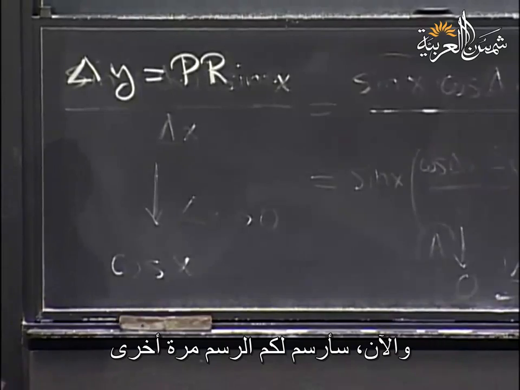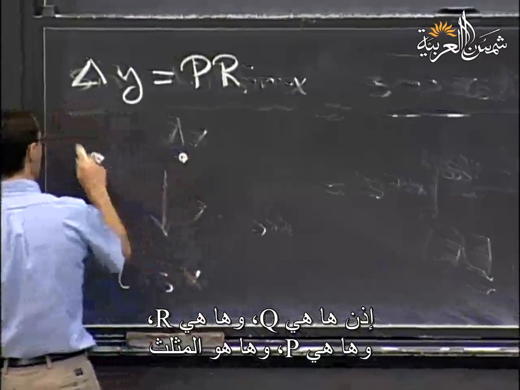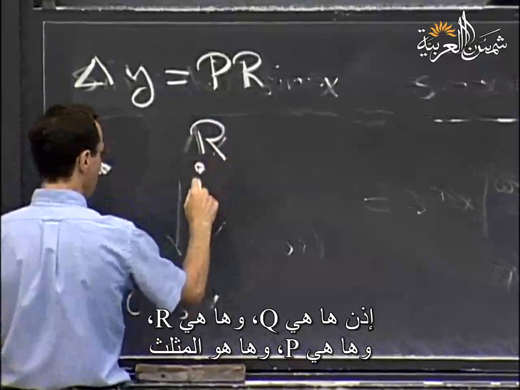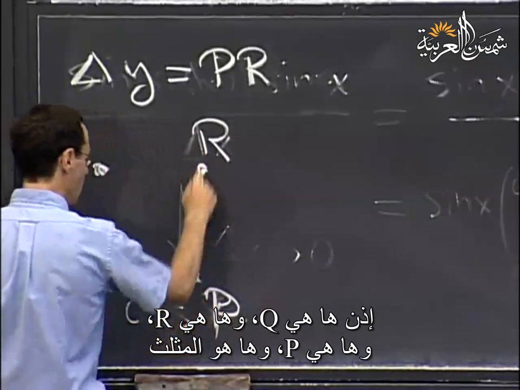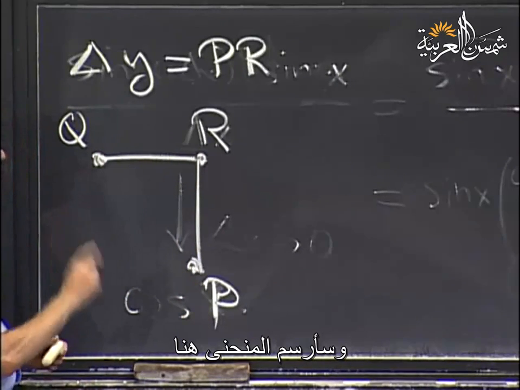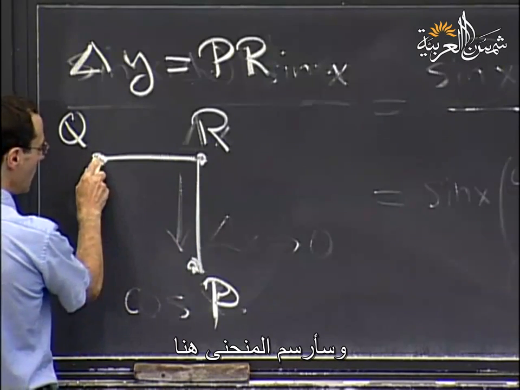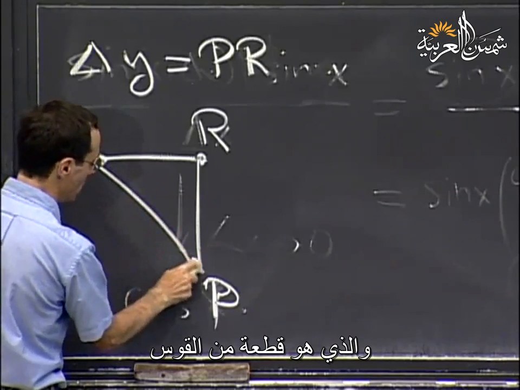And now I want to draw the diagram again one time. So here's Q, here's R, and here's P. And here's my triangle. Now what I'd like to do is draw this curve here, which is the piece of the arc of the circle.